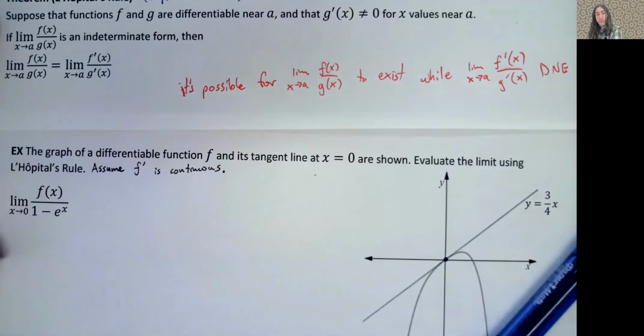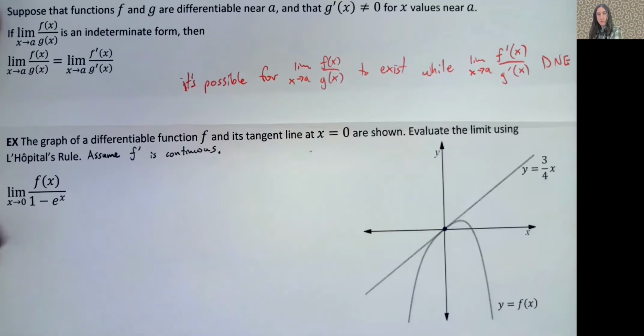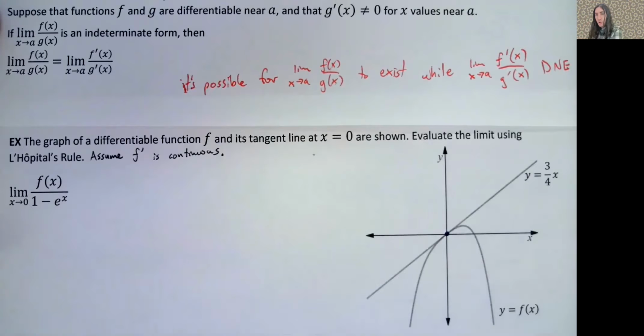One thing that I'm going to say from that right away, let's put some facts together. What does it mean about the value of the derivative of f at 0? That this is its tangent line.